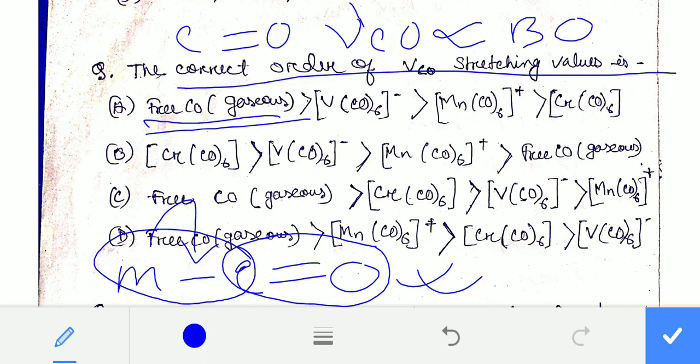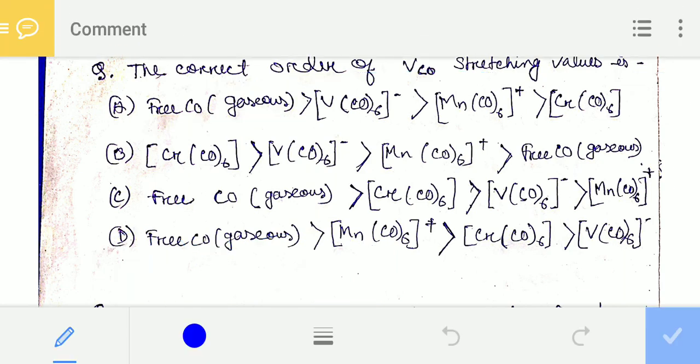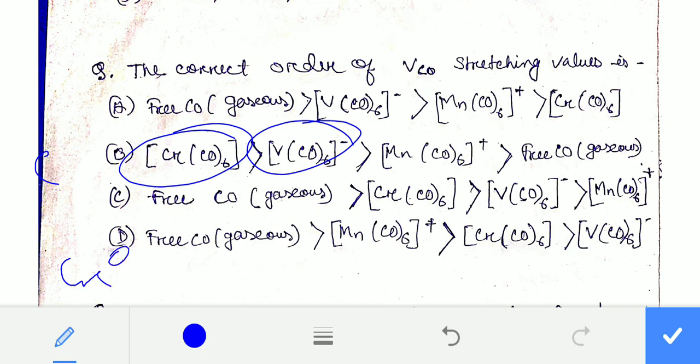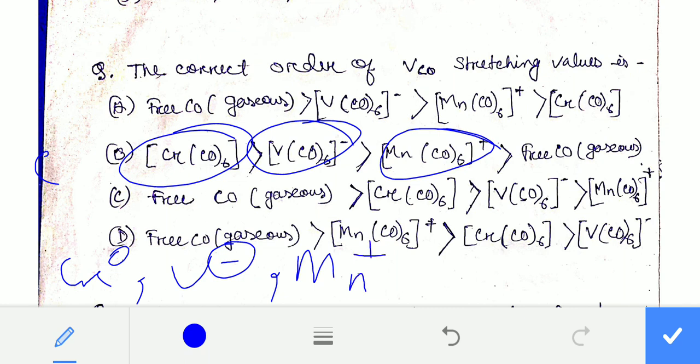Therefore, in the options we have V(CO)6⁻, Cr(CO)6, and Mn(CO)6⁺. Now in Cr(CO)6, chromium is in the zero oxidation state, in V(CO)6⁻ vanadium is in the -1 oxidation state, and in Mn(CO)6⁺ Mn is in the plus oxidation state.